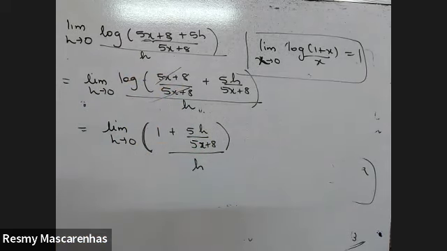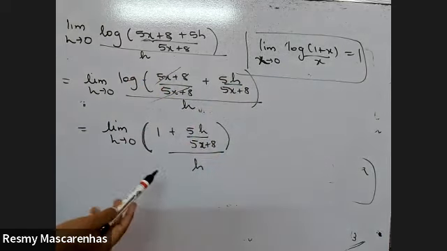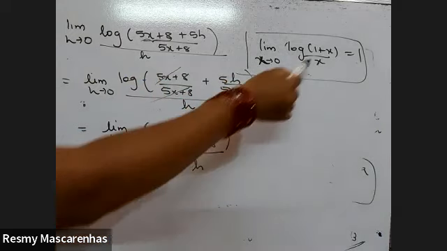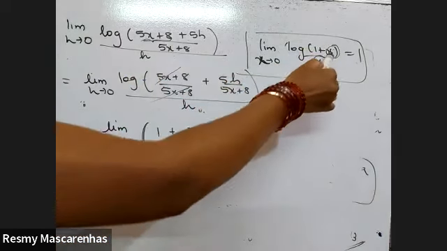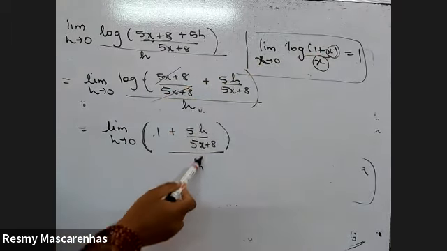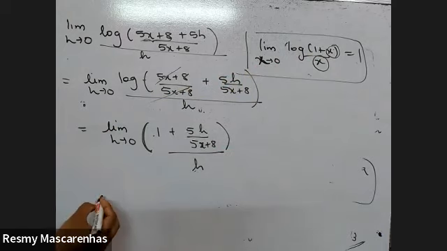Up till here we will get after simplifying. So now just compare it with this formula. Whatever is here should be here: 1 plus something, and whatever is here should be here. 1 is already there, but this and this are not matching. So what is missing is 5 upon 5x plus 8. So I will introduce that and balance it.